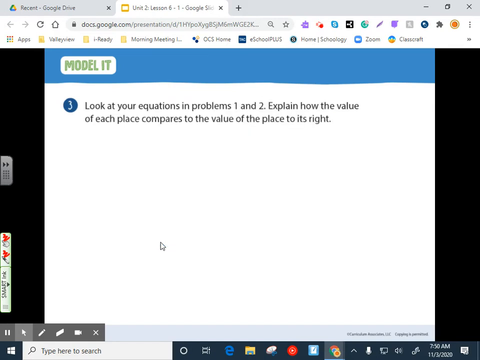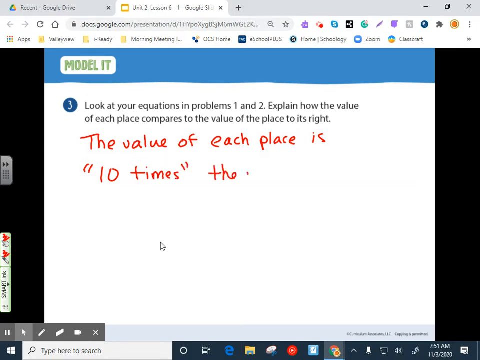And at the very bottom of the page, let's look at 3. Look at your equations in problems 1 and 2. Explain how the value of each place compares to the value of the place to its right. What we know is the value of each place is, and I'll put this in quotes to let it stand out, 10 times the value of the place to its right.